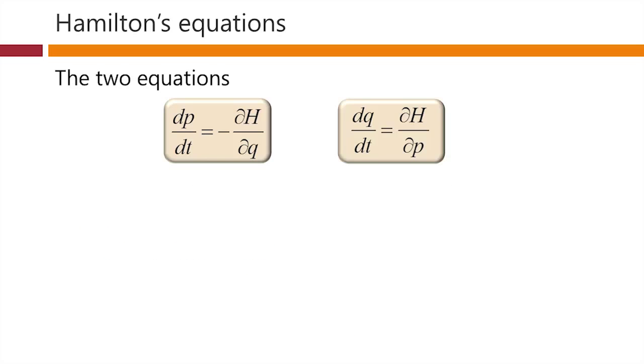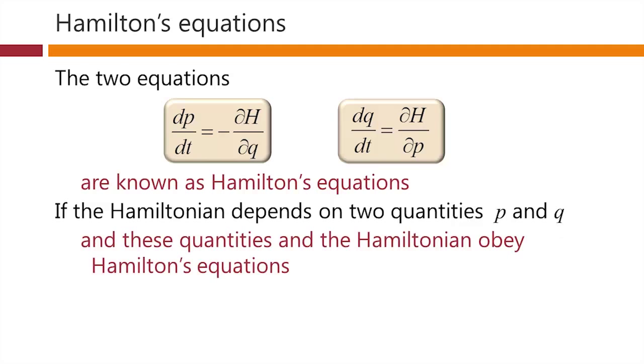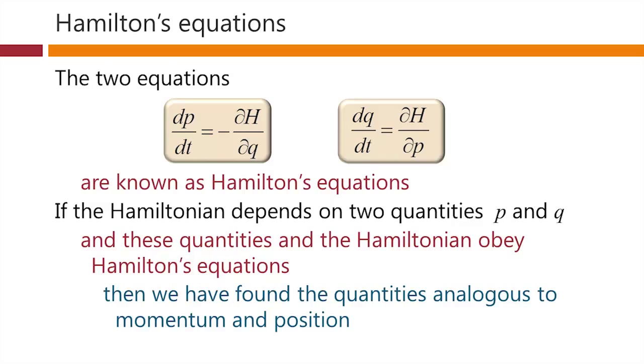These two equations, dp by dt is equal to minus partial dH by dq, and dq by dt is equal to partial dH by dp, are known as Hamilton's equations. If the Hamiltonian depends on two quantities p and q, and these quantities and the Hamiltonian obey Hamilton's equations, then we have found the quantities analogous to momentum and position.